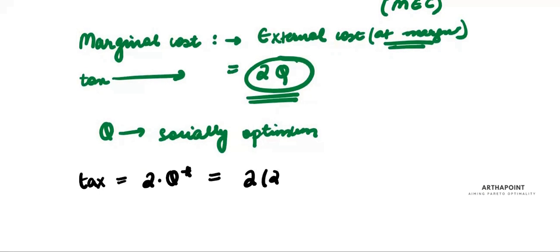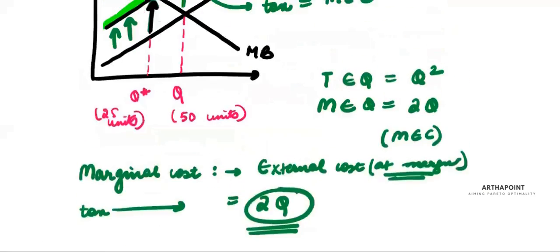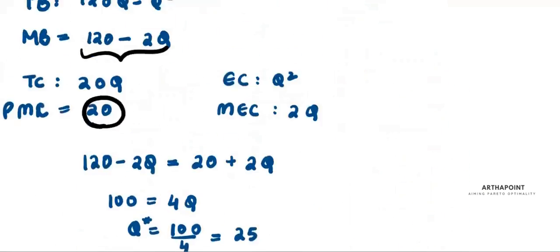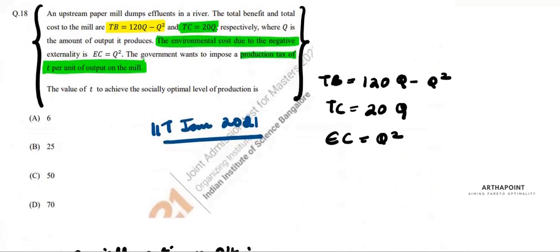So 2 into 25, this is 50. If you charge a tax of 50 per unit, automatically people will recognize that their cost has increased and they will produce the desired output of 25 units. So the answer is C, that is 50.